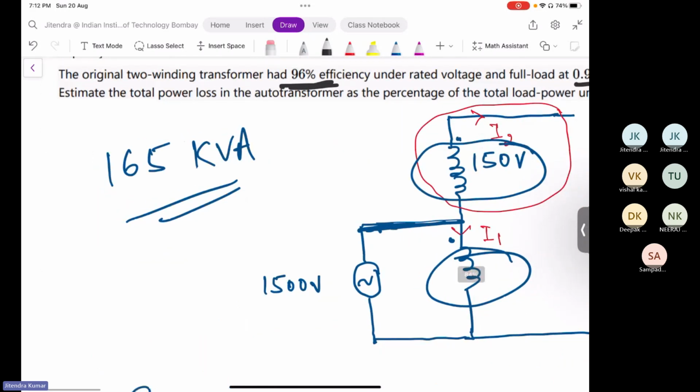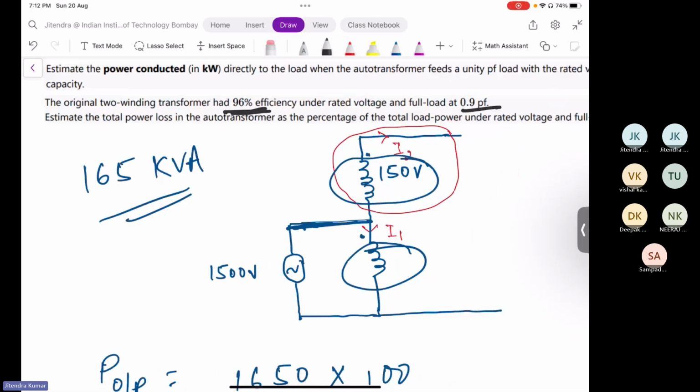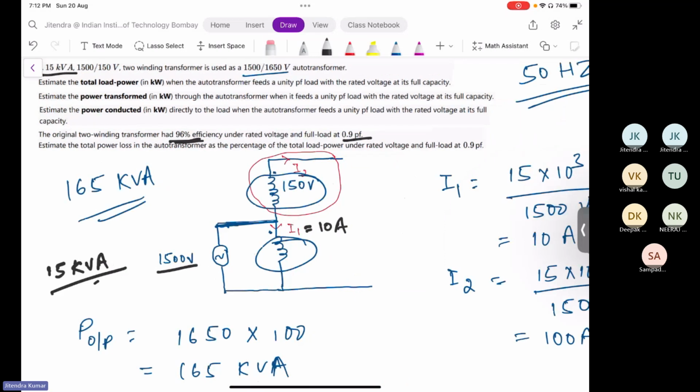And here also you can see that I1 we have computed as 10 ampere, right? So 10 ampere, if you multiply with 1500 volt, how much you are getting? 15 kVA. So that much will be your inductive transfer, and the remaining amount will be conductive transfer.